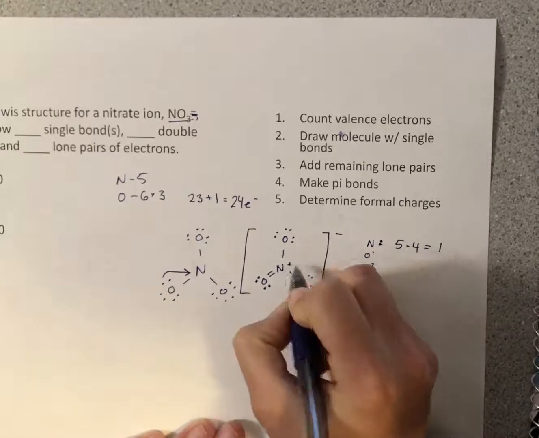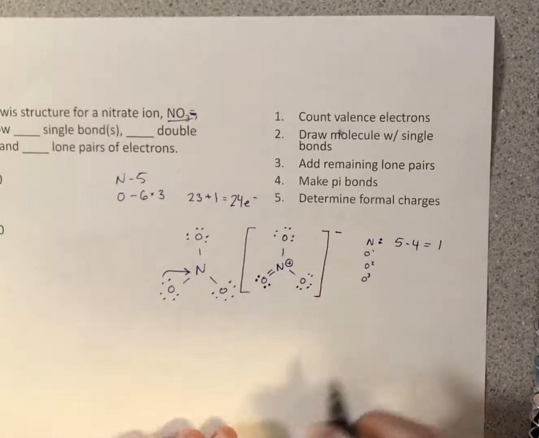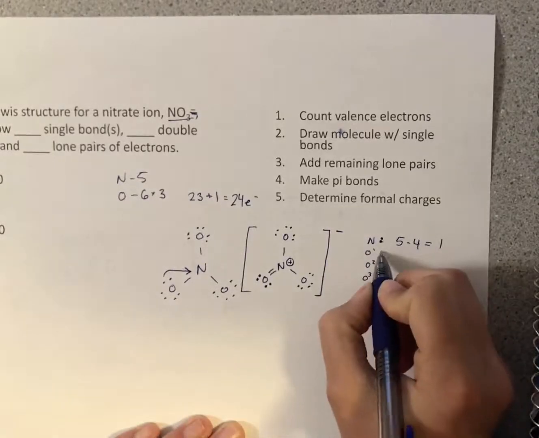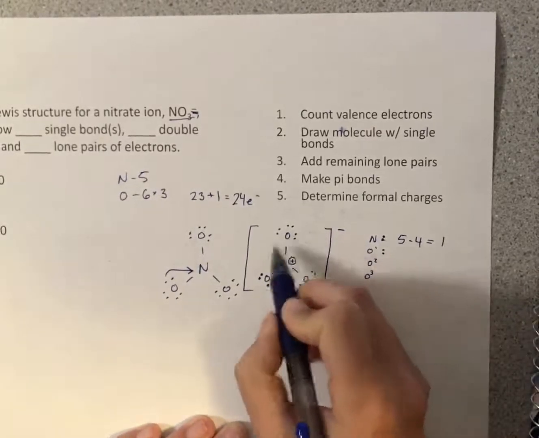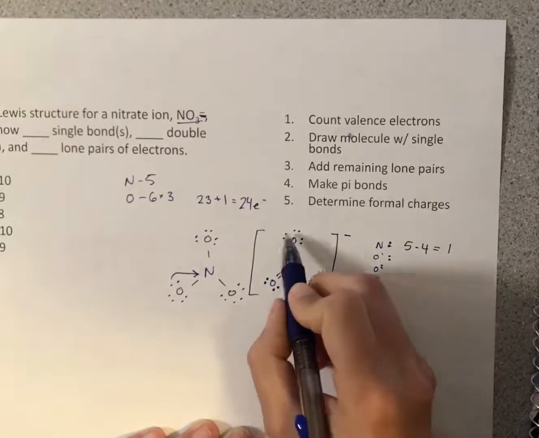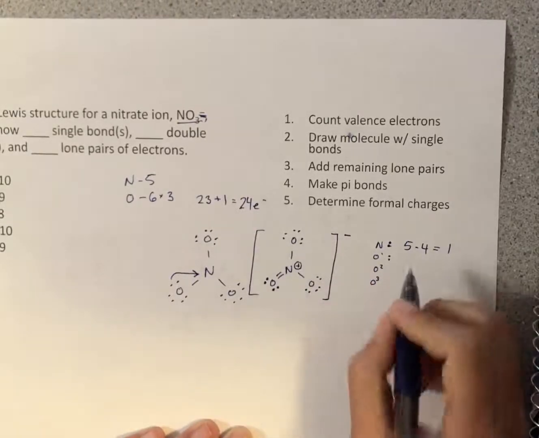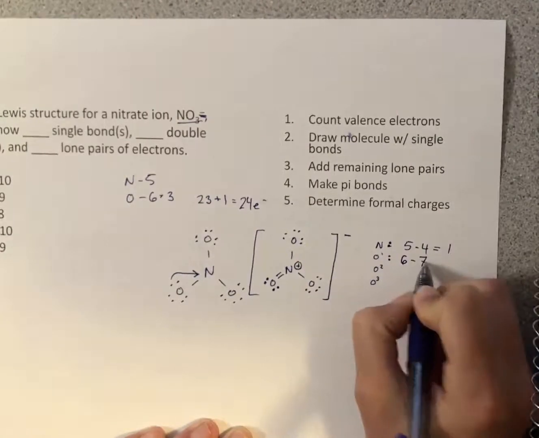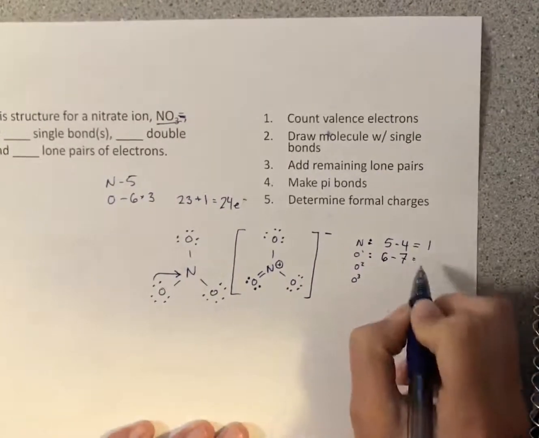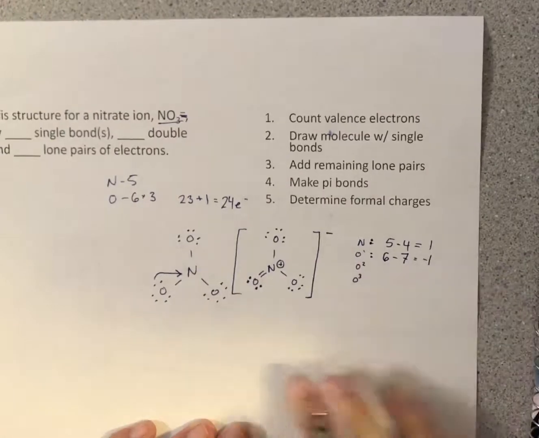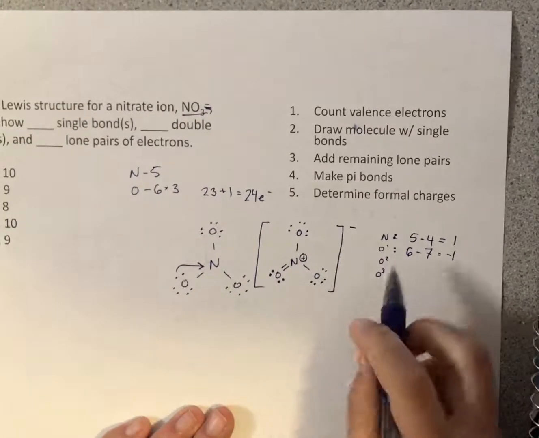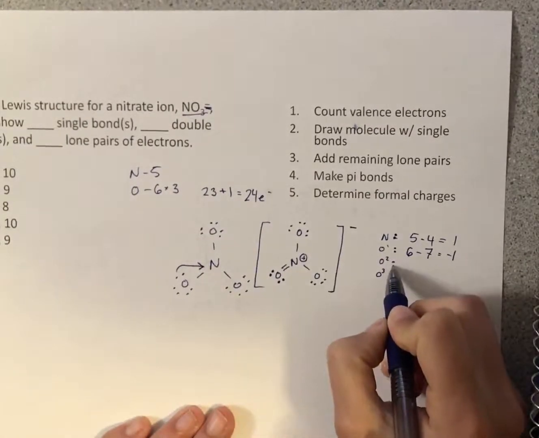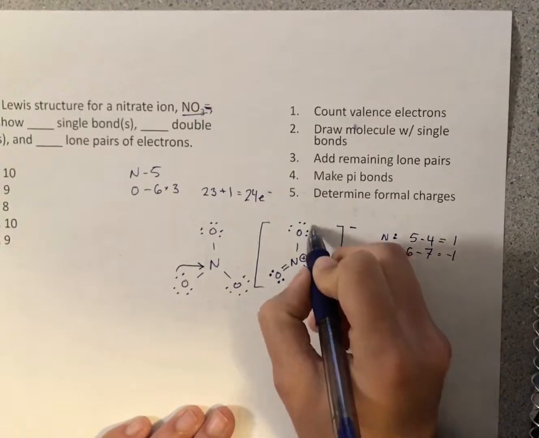So we'll put a plus right here on this nitrogen. And then oxygen number 1 has 1, 2, 3, 4, 5, 6, 7. So we've got 6 valence electrons minus 7 from the number we counted, and that's going to equal -1. So this oxygen has a negative on it.